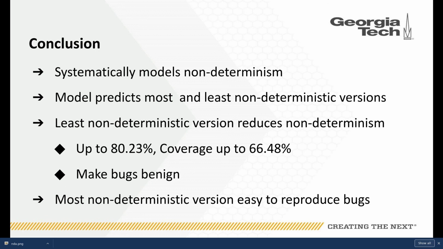The predicted least non-deterministic version reduced non-determinism by up to 80.23% compared to the most non-deterministic version. And the coverage increased by up to 66.48%. We also showed how some of the bugs are made benign in the least non-deterministic version.